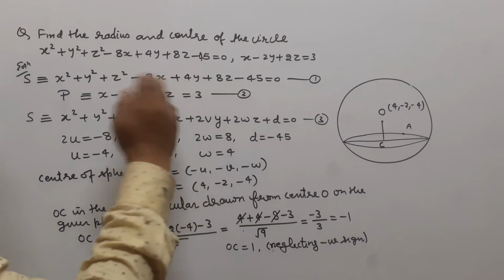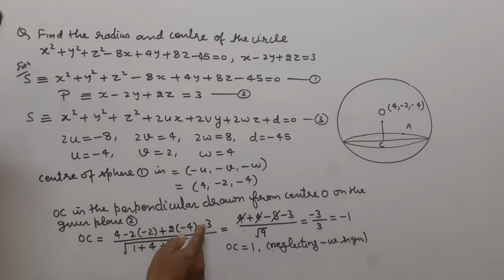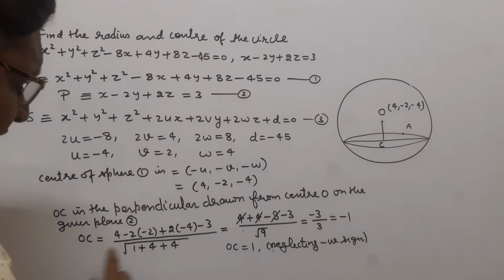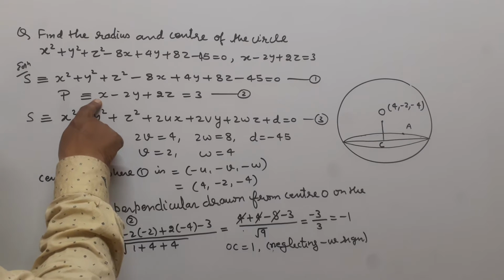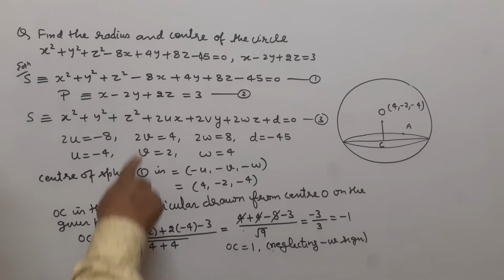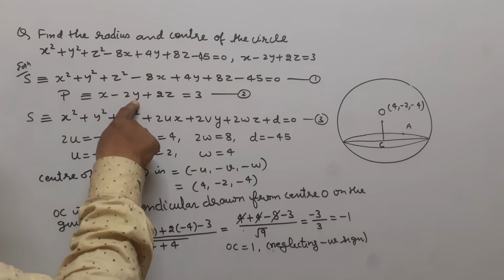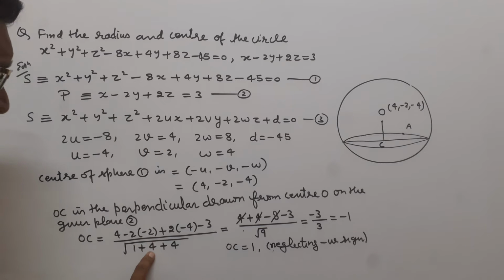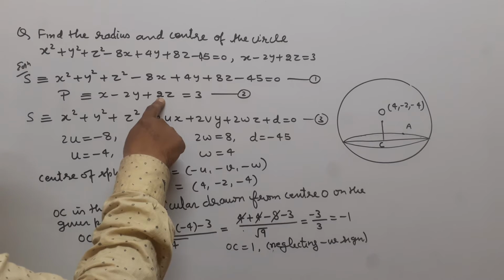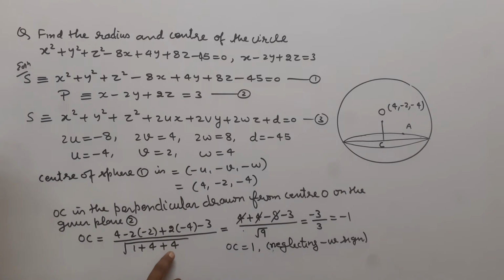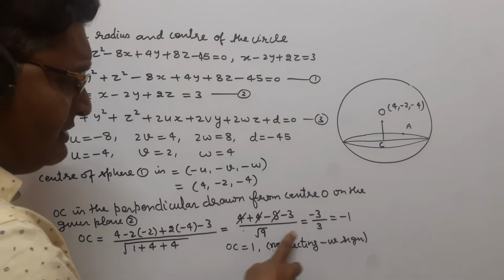And we transfer this 3 to the left hand side, so it will be minus 3, and divide by the square root of the coefficient of x squared, that is 1 square, that is 1, plus the square of the coefficient of y, that is minus 2 square, that is 4, and plus the square of the coefficient of z, that is 2 square, that is 4. So 4 plus 4 plus 1, this is 9, so square root of 9 is 3 here.